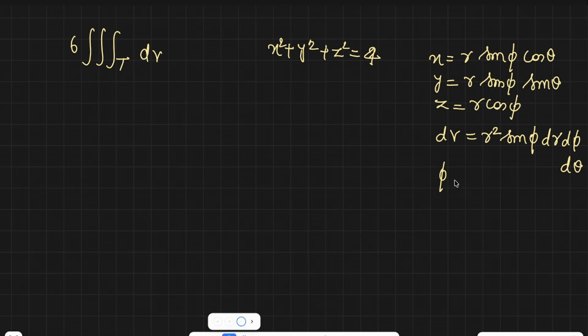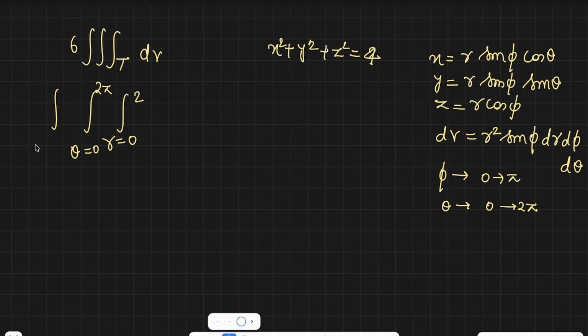Where phi is the vertical angle, from 0 to pi, and theta is the angle with the x axis, from 0 to 2 pi. So r is from 0 to 2, theta from 0 to 2 pi, and phi from 0 to pi.